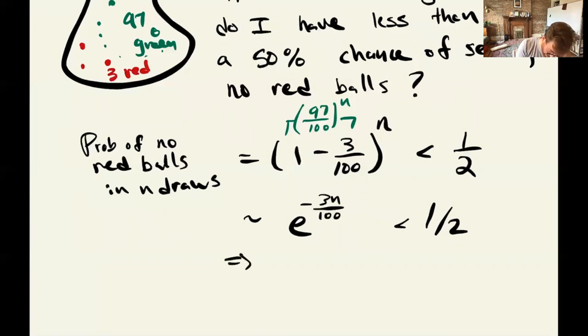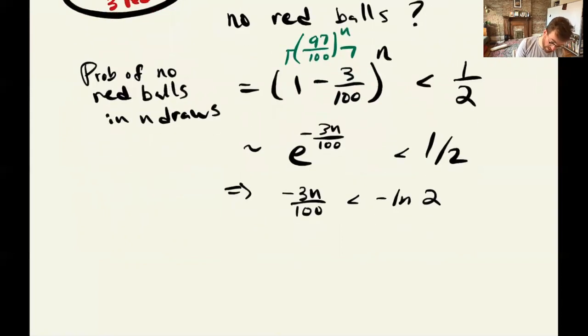If I take the natural log of both sides, then I have minus 3n over 100 is less than negative natural log of 2. Multiplying through by negative 100 over 3, we get that n has to be greater than 100 over 3 times the natural log of 2.